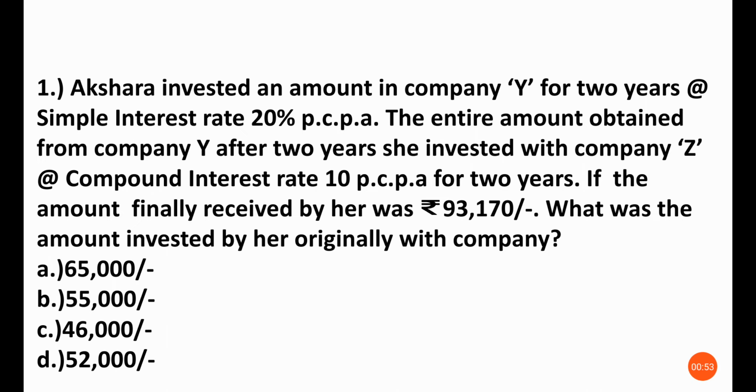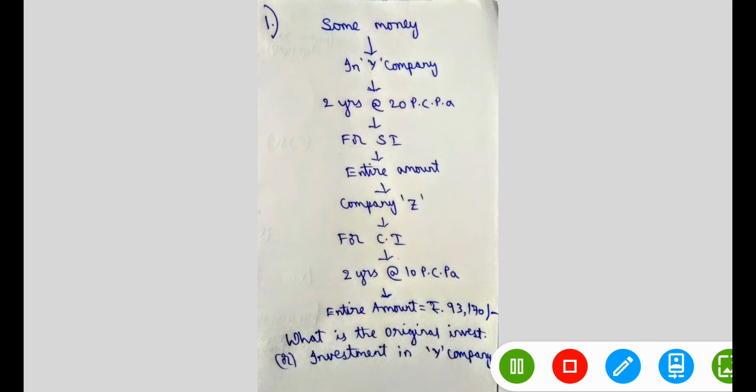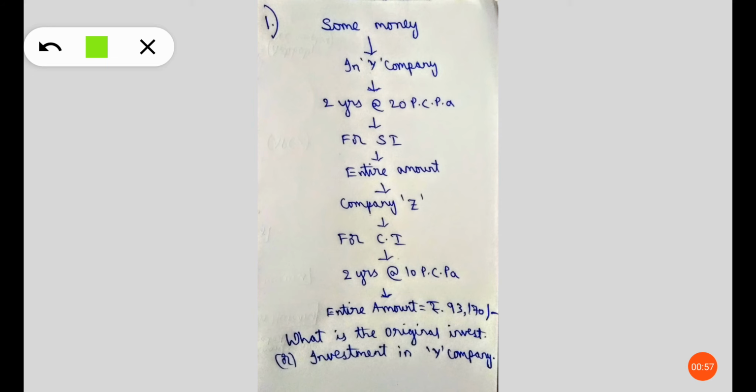Let me explain the question with this flow chart. Akshara invested some money in company Y. The time period is 2 years and rate of interest is 20% per annum. She has invested for simple interest. After 2 years, she withdrew all the amount from company Y and she invested the same amount in company Z for compound interest.